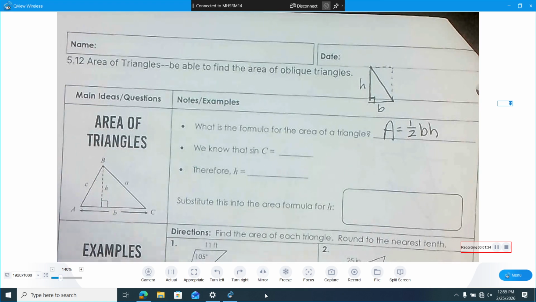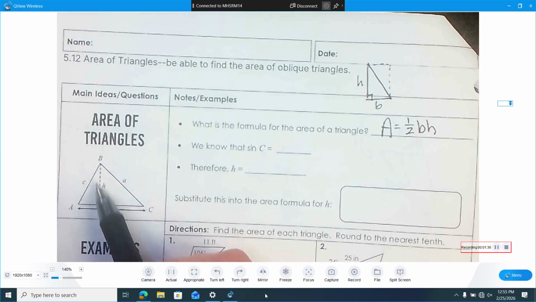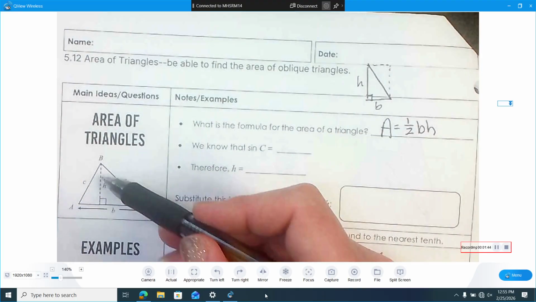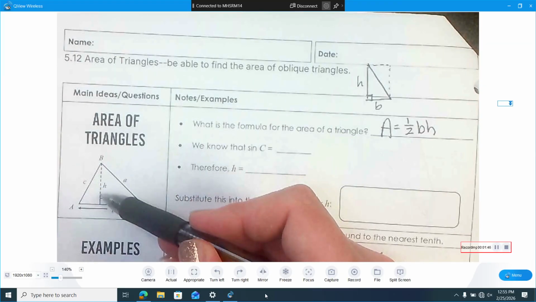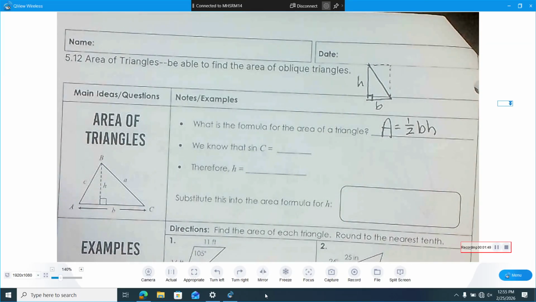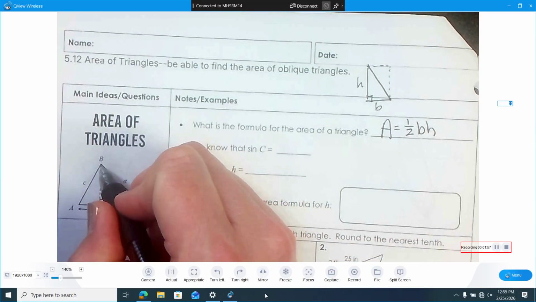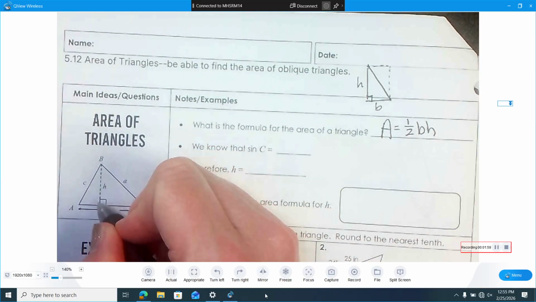But maybe they don't give us that height, okay? So imagine we have a crazy triangle like this one, a triangle ABC here, and we don't know the height h of it. And so what we can do is pretty easily use some trigonometry to help us figure that out. So we're going to imagine there's this height that we're going to drop in.